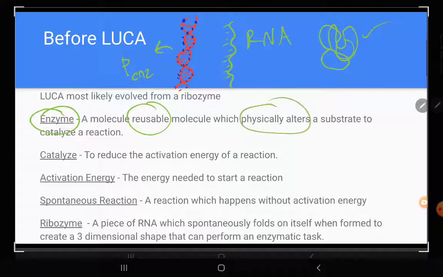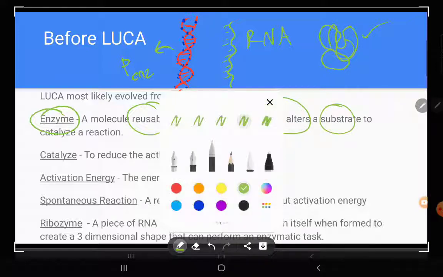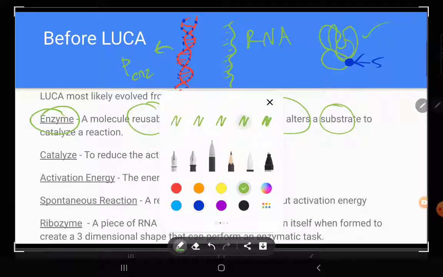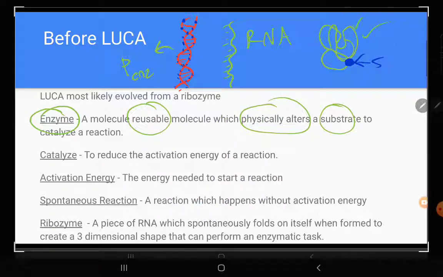And it physically alters a substrate. For example, this RNA molecule here might grab methane and add methane to something. So this would be the substrate, and this would be the enzyme.